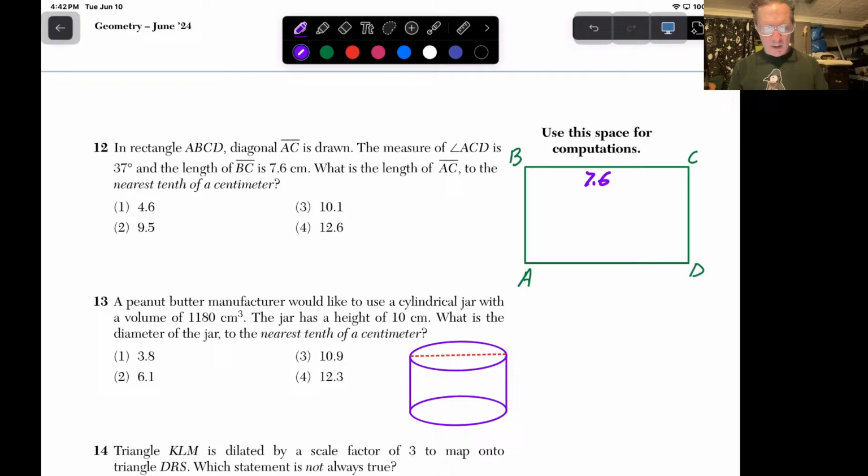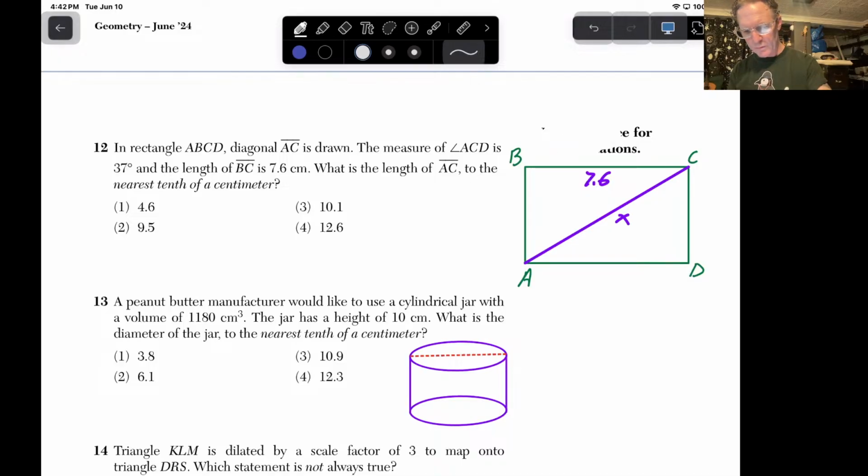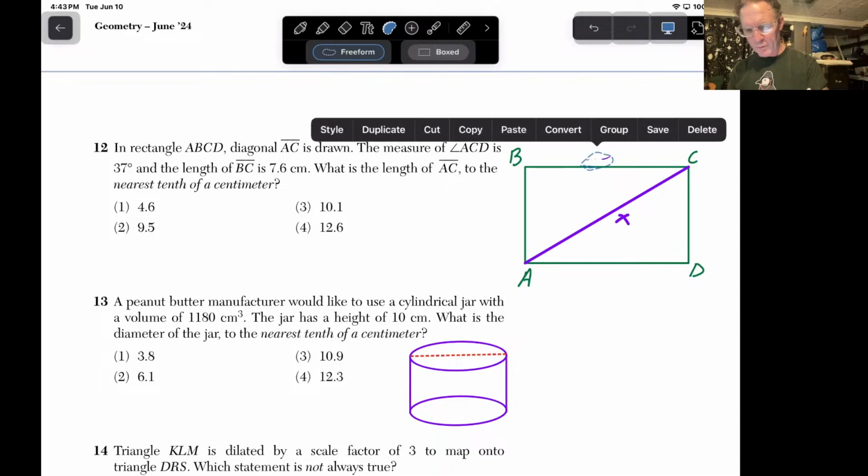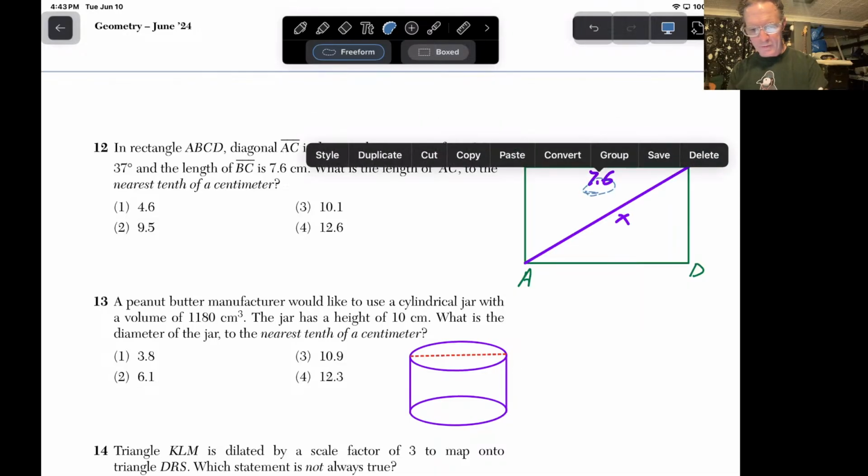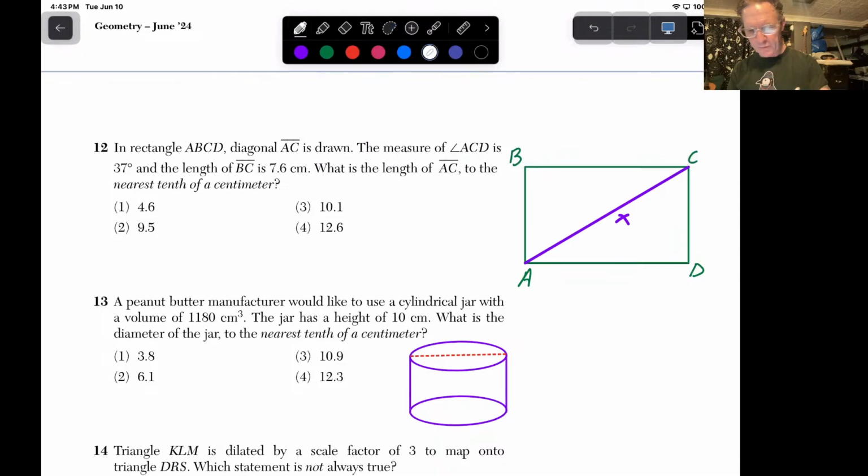Okay, and we want to find the length of AC, so this length here, X. Let me erase this because I need the space for computations. Actually, just rewrite it. 7.6.